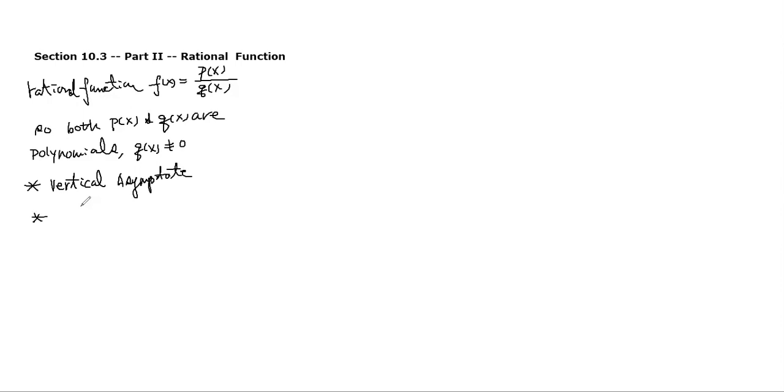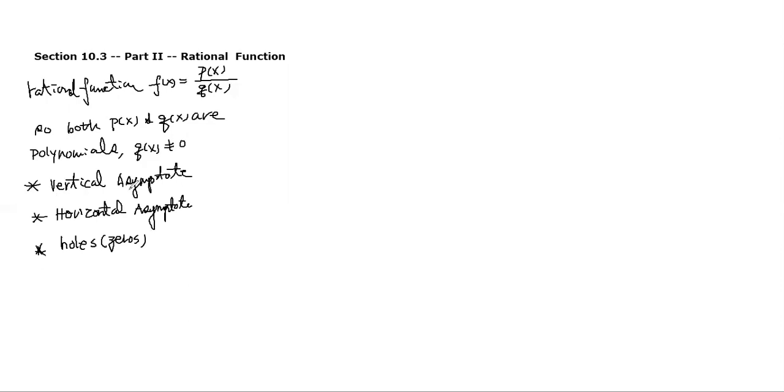Then we're going to talk about what the horizontal asymptote is. Then we're going to talk about holes. Some people call these zeros.